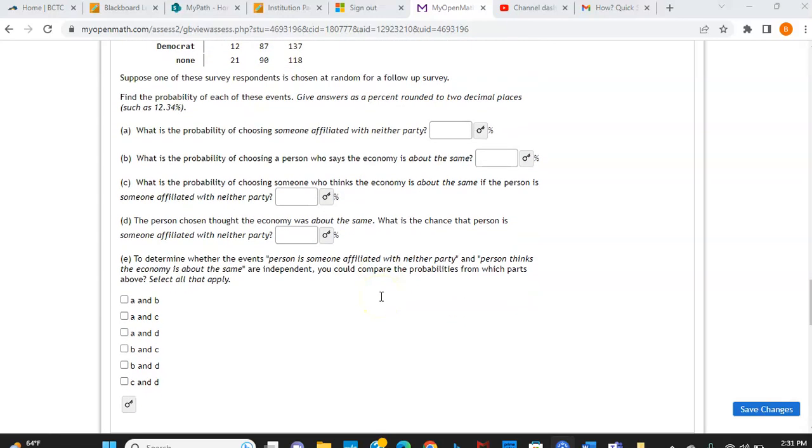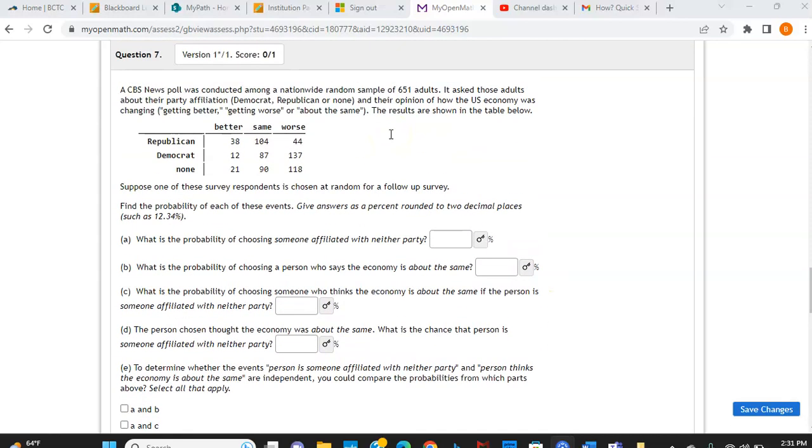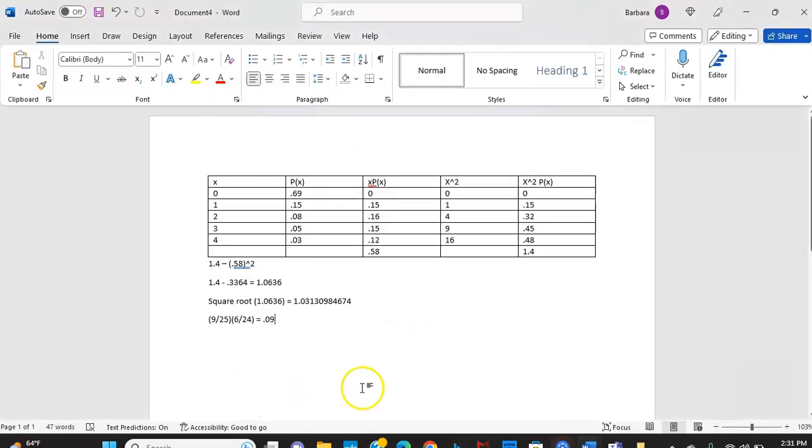E: to determine whether the events "person is someone affiliated with neither party" and "person thinks the economy is about the same" are independent, you could compare the probabilities from which parts of the above. Two things are independent if the probability of, let's abbreviate here, let me go back here.